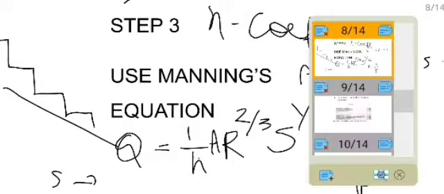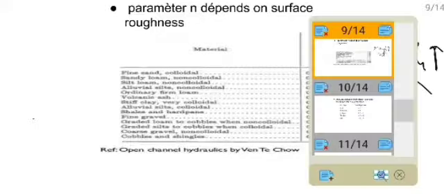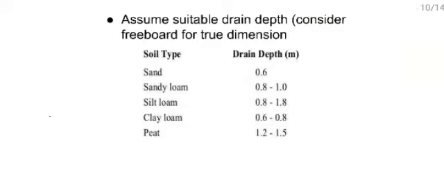Next, the parameter n depends on surface roughness. If fine sand or colloidal sand is on the lining, it is 0.020, and for cobbles and shingles it is higher; as roughness increases, the value of n increases. From the equation we have Q, the peak flow.